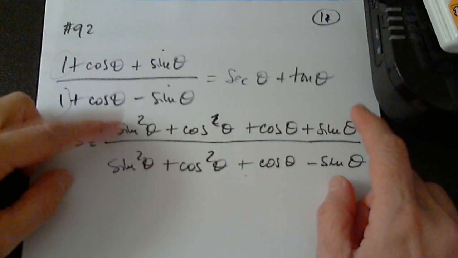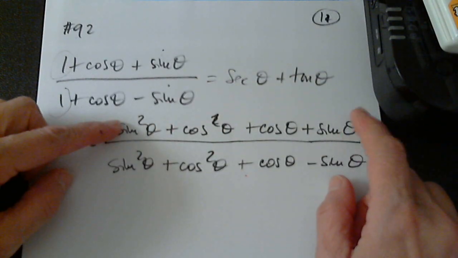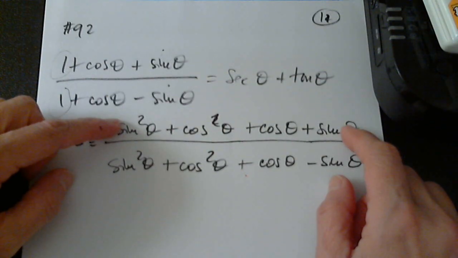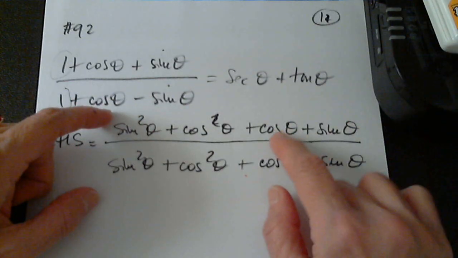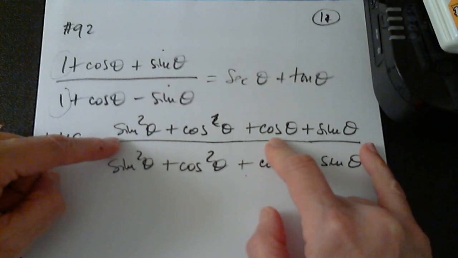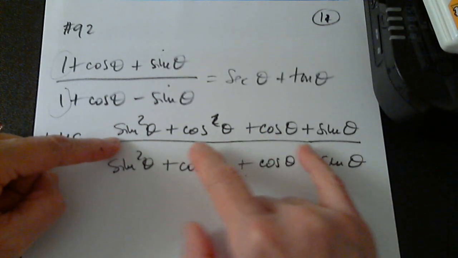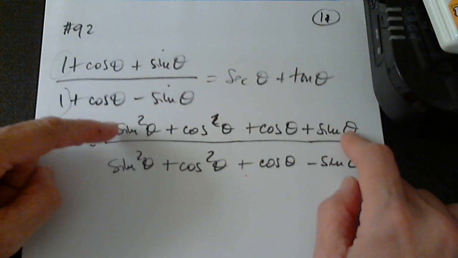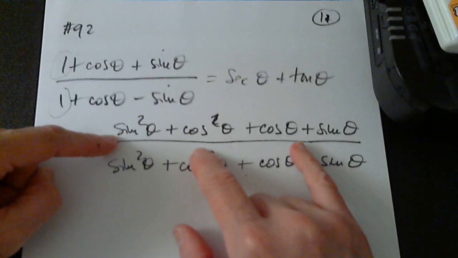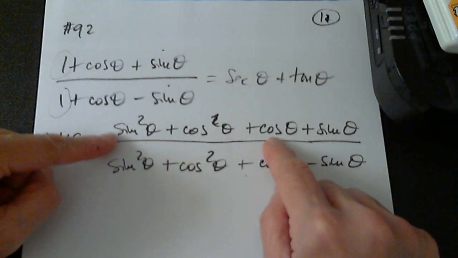If I factor between these two, I get the sine plus 1. If I factor between these two, I get cosine plus 1. Sine plus 1, cosine plus 1. I'm not getting anywhere that way.